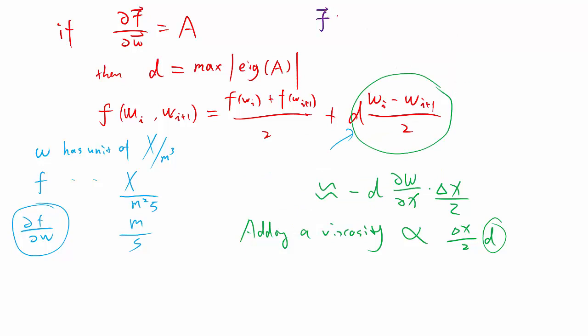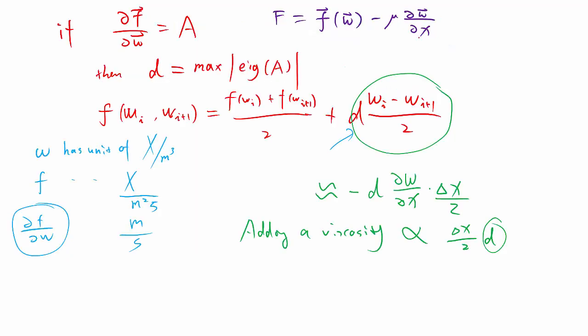My total flux is F as a function of W plus some viscosity mu times, it's usually minus here, minus mu times partial W partial X.